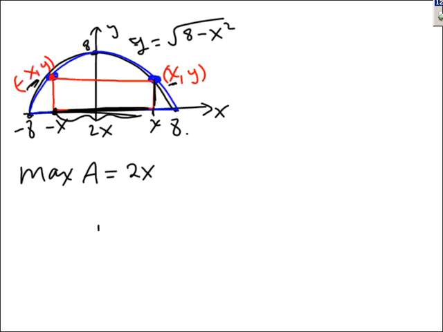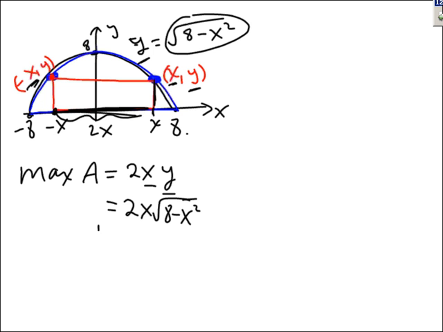And the height is what? It's y. The area is 2xy. And we want to take the derivative and set it equal to 0. So you say, oh my, can't I get it in terms of two variables? And then you say, oh, how nice. They told me another way of saying y. This is 2x times another way of saying y. That is, it's 2x times 8 minus x squared to the half.